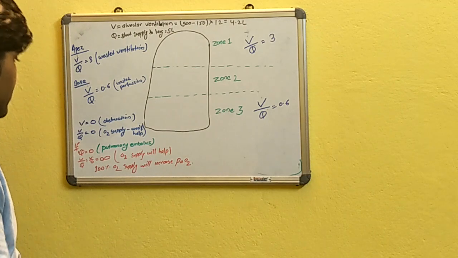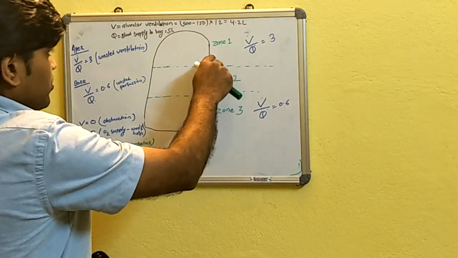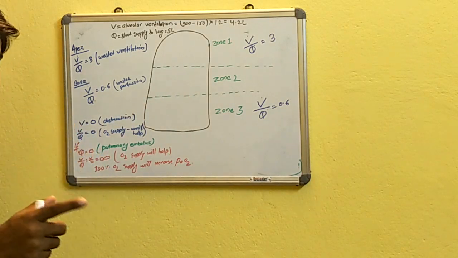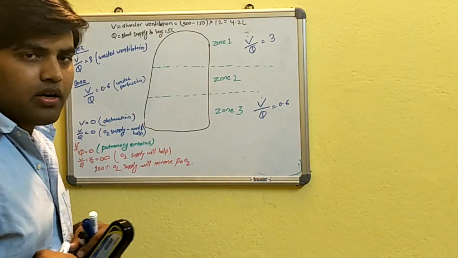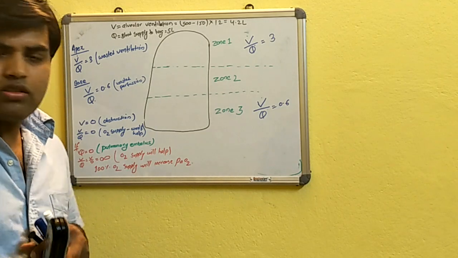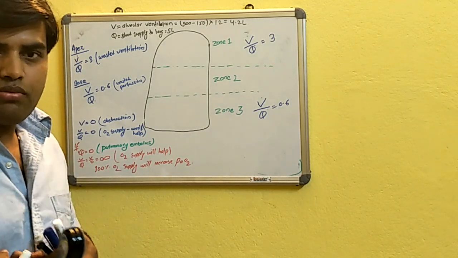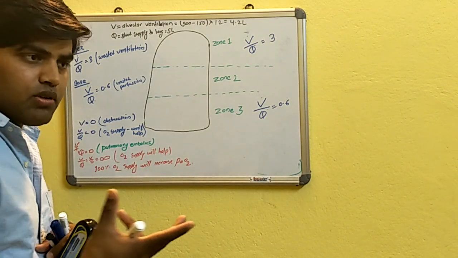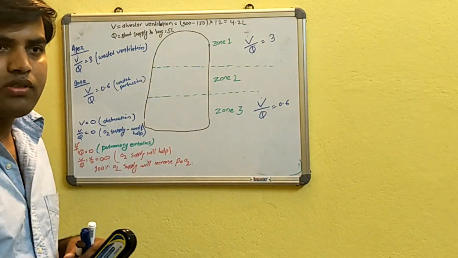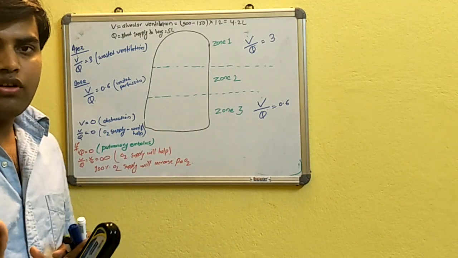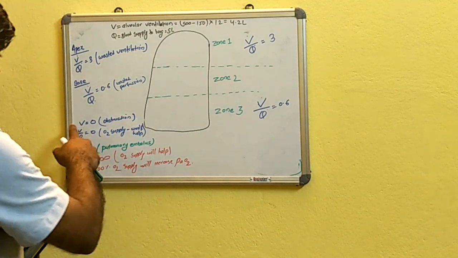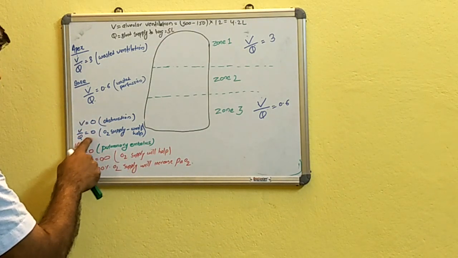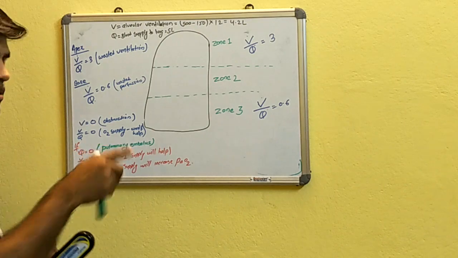Now when there is any obstruction, suppose any part of the region is obstructed, ventilation is 0. Suppose any bronchus, any lobe, any part is obstructed. Now beyond that, oxygen and air cannot go. So ventilation is 0, but blood supply is coming. Blood has come, but it doesn't receive any oxygen or air there. So there is obstruction, ventilation is 0, and because of that the ventilation perfusion ratio is equal to 0, and 0 divided by anything is 0.